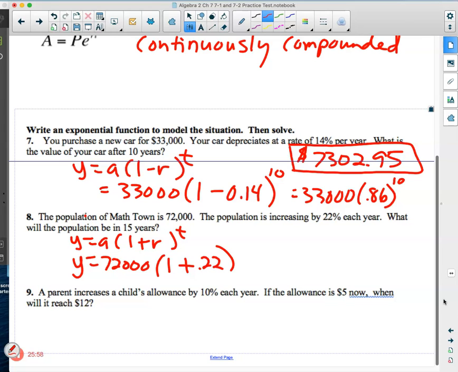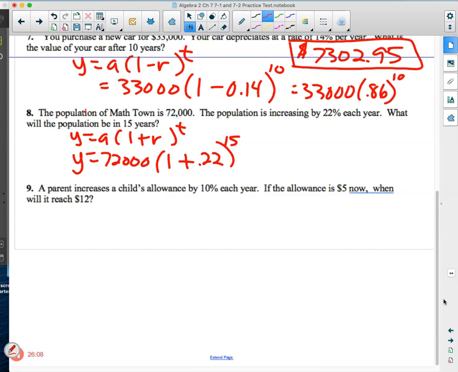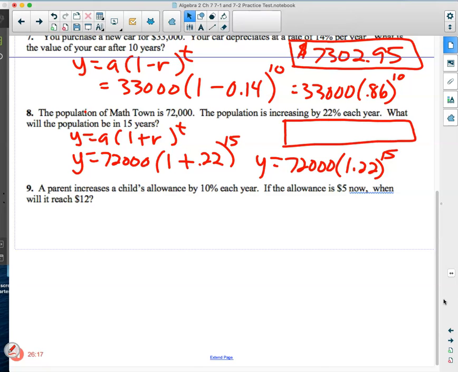Did they say how many years? 15. Again, you could do the 1 plus 0.22 in your noggin just to make it a little bit easier to punch in. And again, I ran out of room.